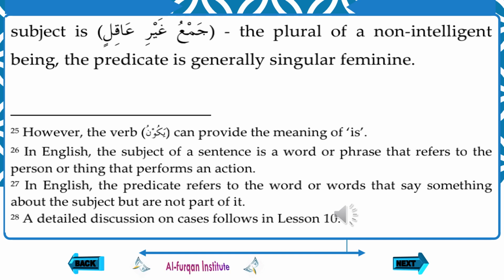Aqlamun jadidatun, the new pens. Jadidatun, not jududun, because the plural of jadidun is judud, even though pens are plural. This applies to all non-intelligent plural nouns, including ashjar, that is trees, hayawanat, animals, and manazil, houses.